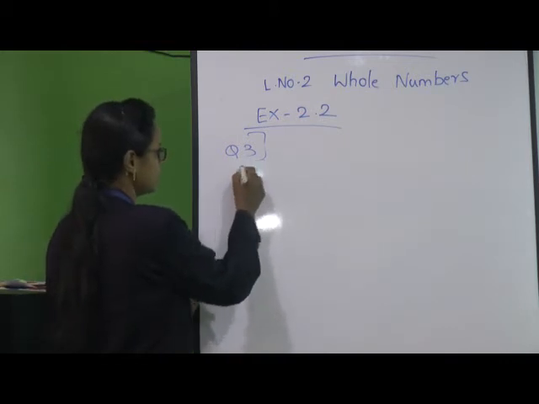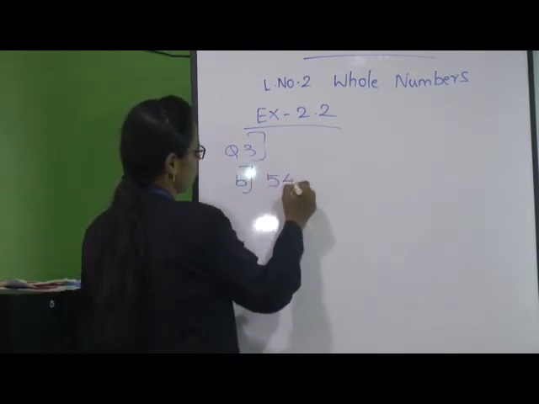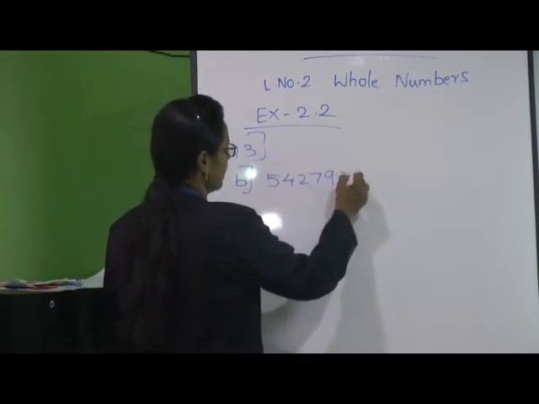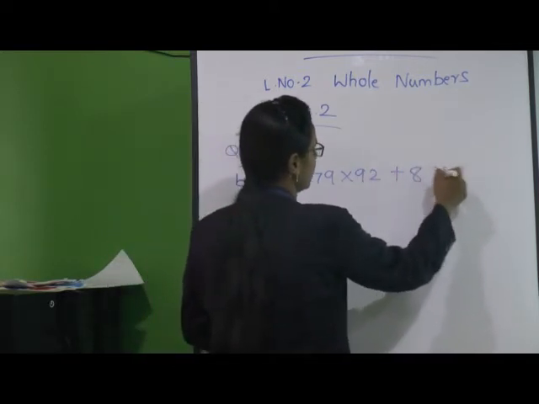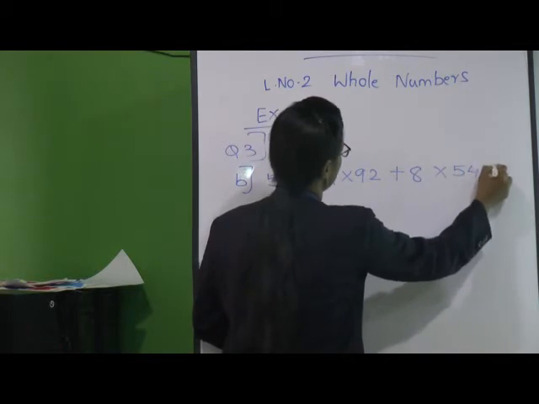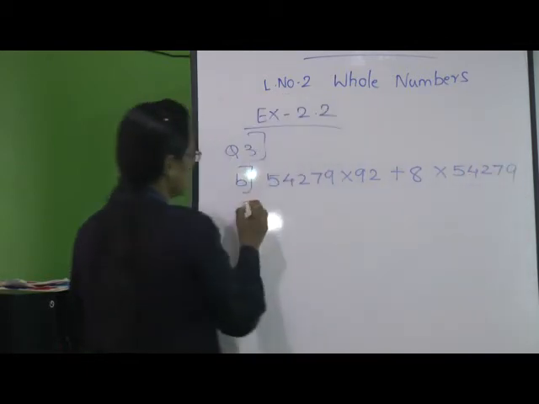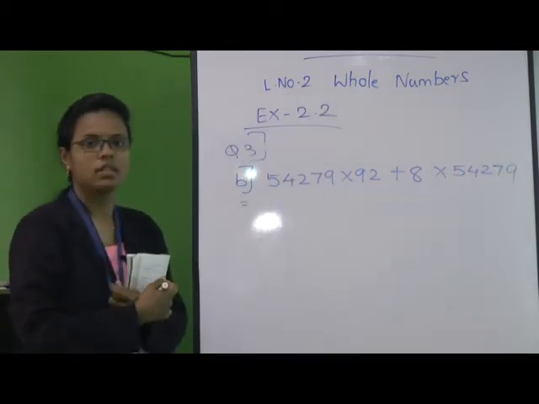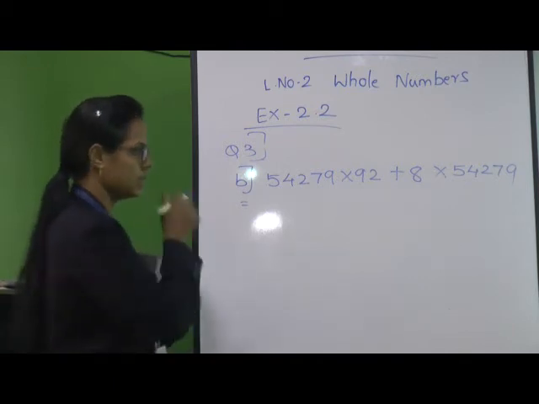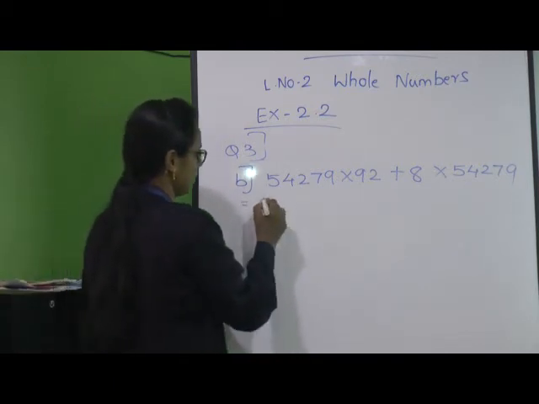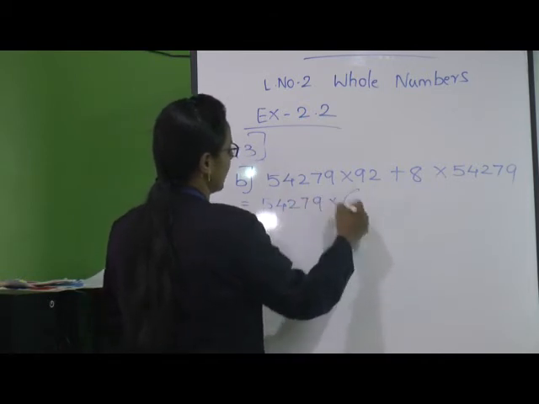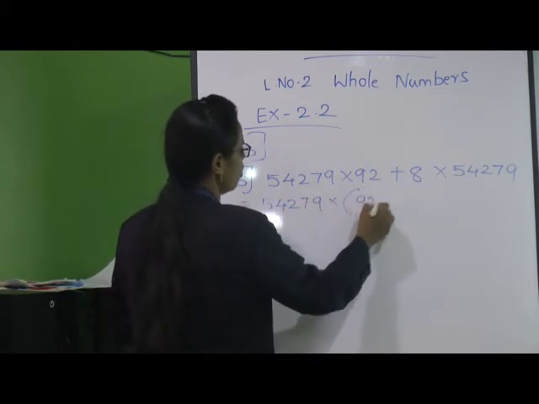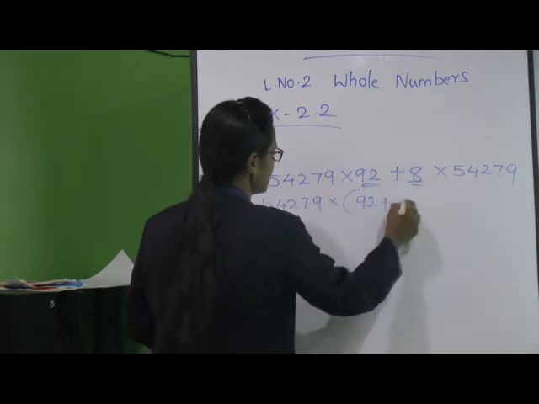See here. 54279 multiplied by 92 plus 8 into 54279. Again in this question we have the same numbers, so we will take it as common and in the bracket the remaining numbers 92 plus 8.